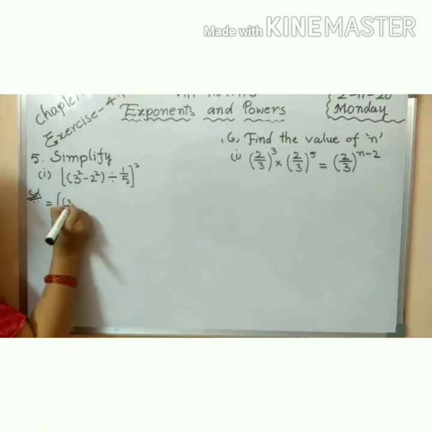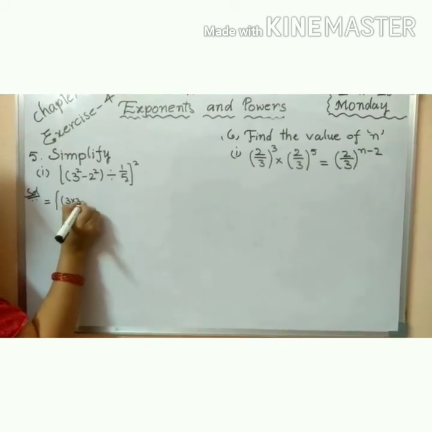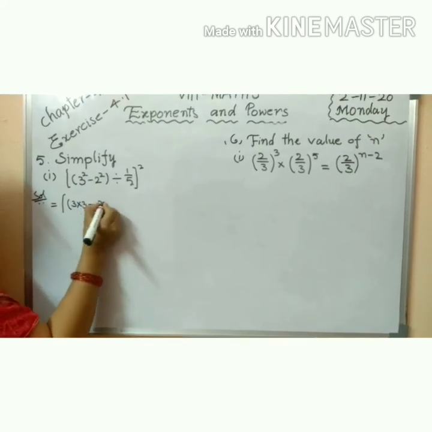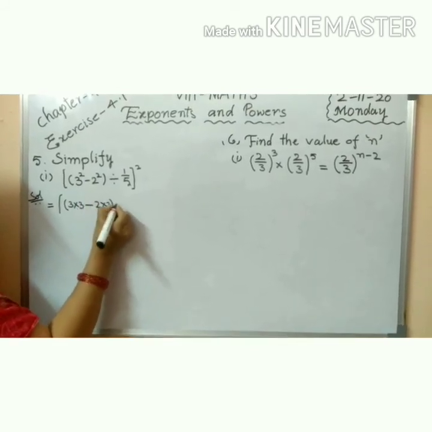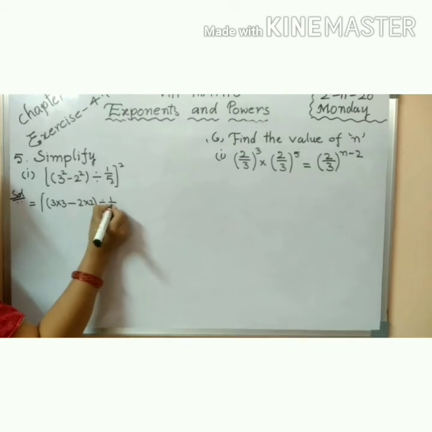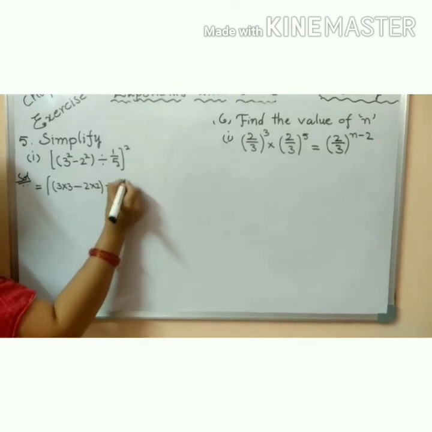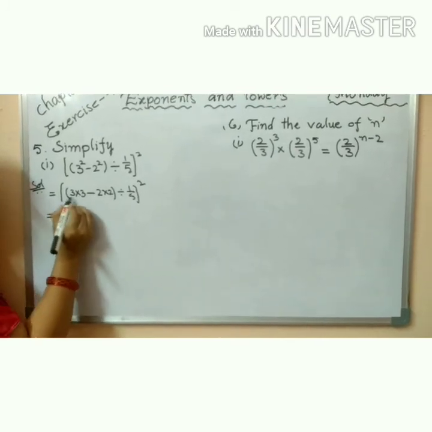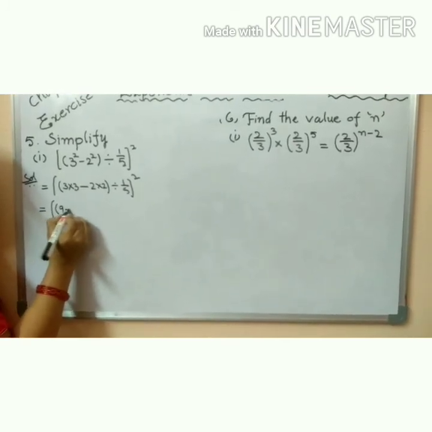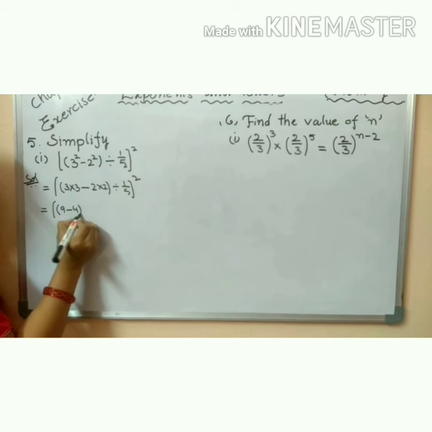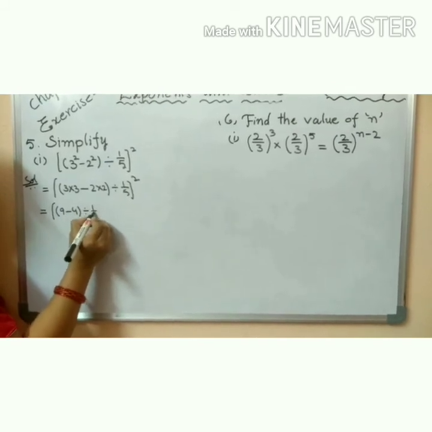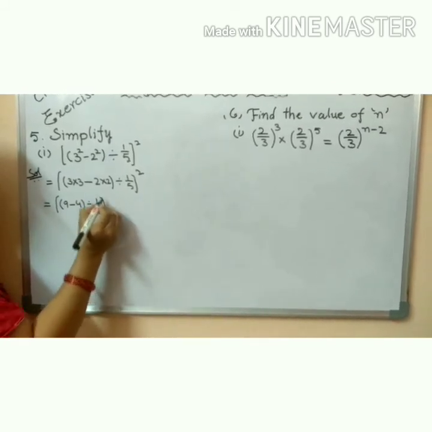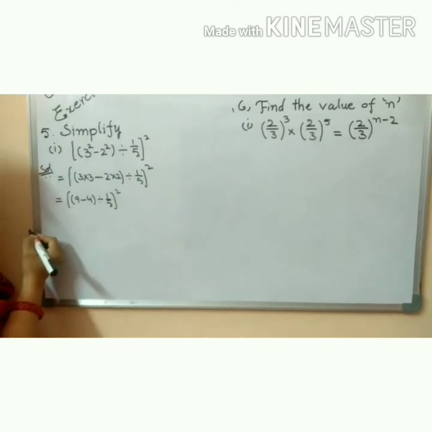So here first you write 3 square, 3 into 3, minus 2 square, 2 into 2, divided by (1/5) whole square. So 3 threes are 9 minus 2 twos are 4, divided by (1/5) whole square.